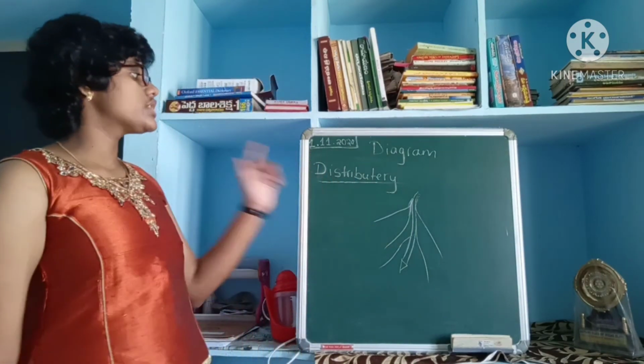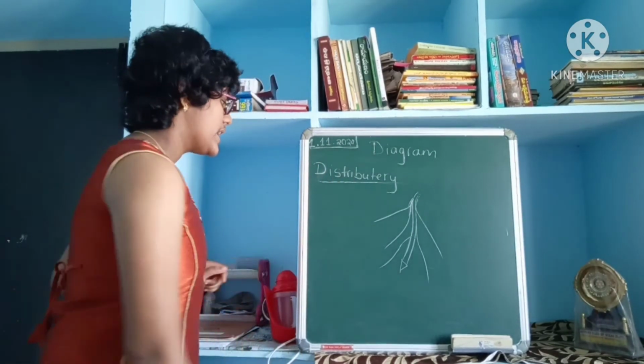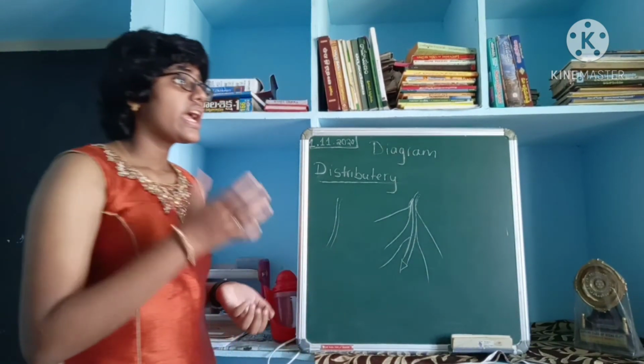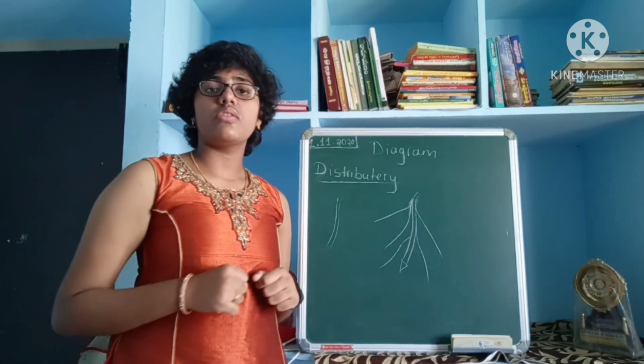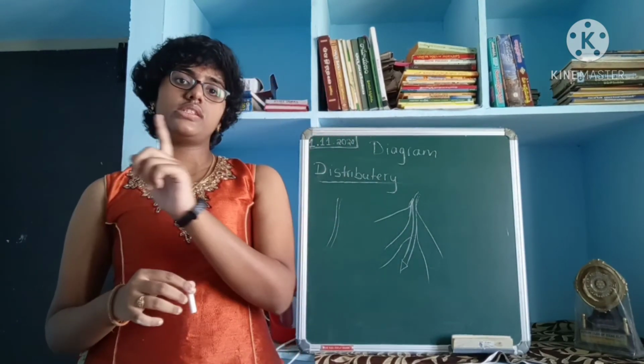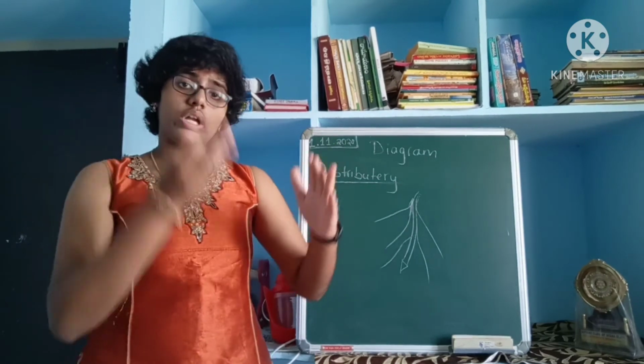So how is a distributary formed? The river carries many sedimentary rocks and much dust with it while flowing from the mountain ranges down the slope.